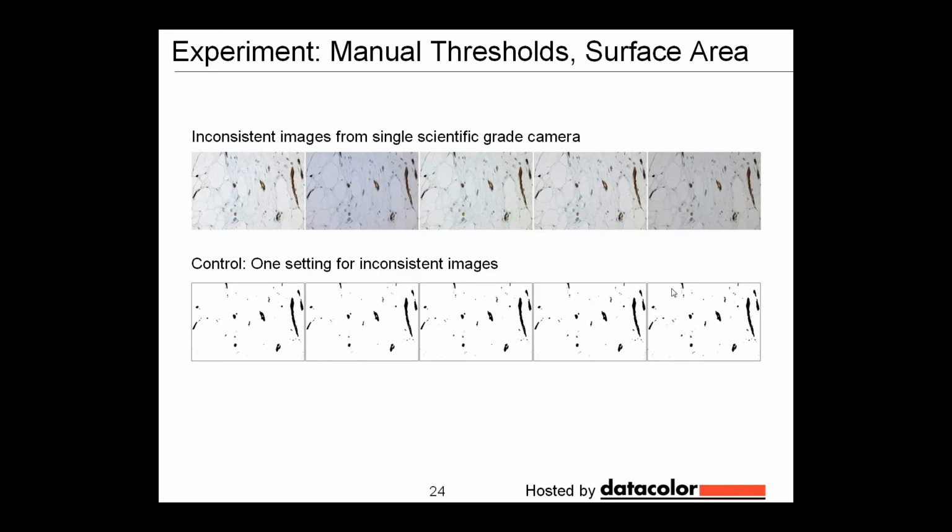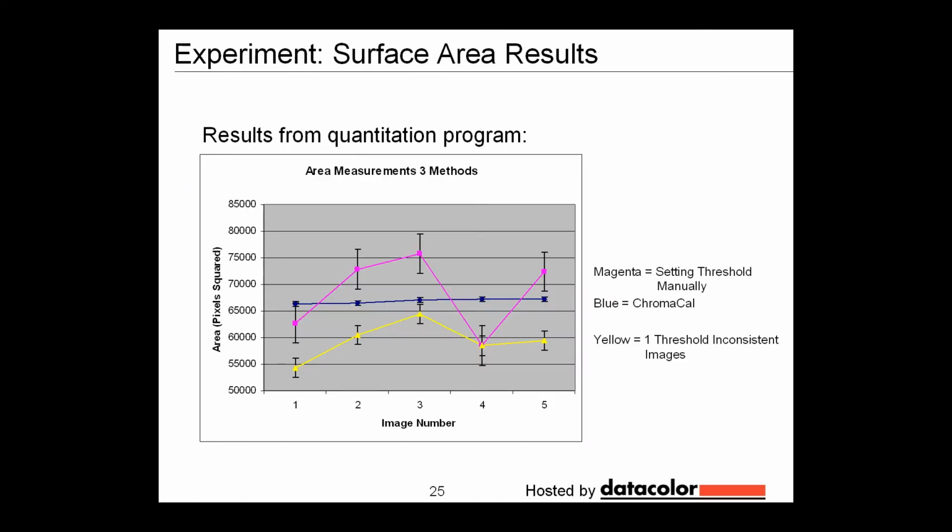And then I did a third method, which would be to take these inconsistent images, apply one threshold setting for all of those so that I can create a sort of control condition. So theoretically, what should happen then is from these images, because it's of the same field, I should get consistent measurements. And here's the results.